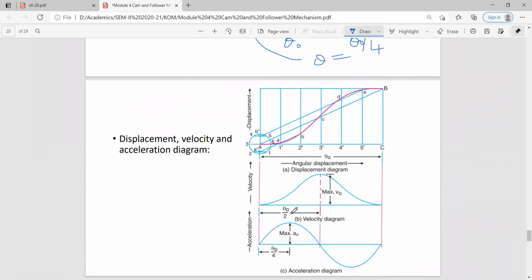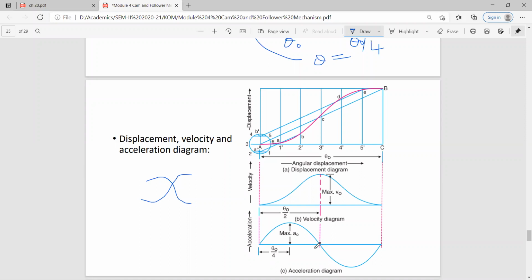See, at theta 0 by 2 the velocity is maximum, and it is drawn like a cosine curve, a 1 minus cosine curve. That's why it is not like this, it is like this. It is 1 minus this. So maximum velocity occurs at theta 0 by 2, and maximum acceleration occurs at theta 0 by 4.